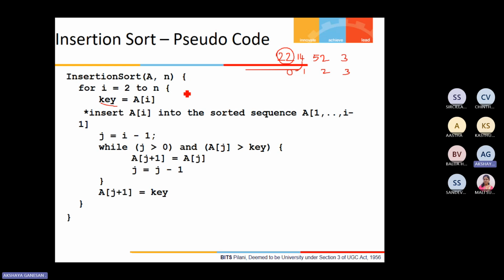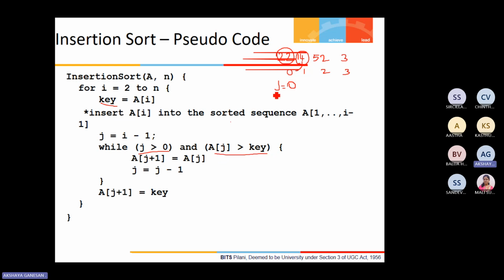Now, if 14 has to be inserted, I compare with j equal to i minus 1. So this is 0, j will be 0. If j is greater than or equal to 0, we will only do this loop. So 22 will not be changed. Now, when you take 14, 14 is the key value, and 22 is greater than the key.